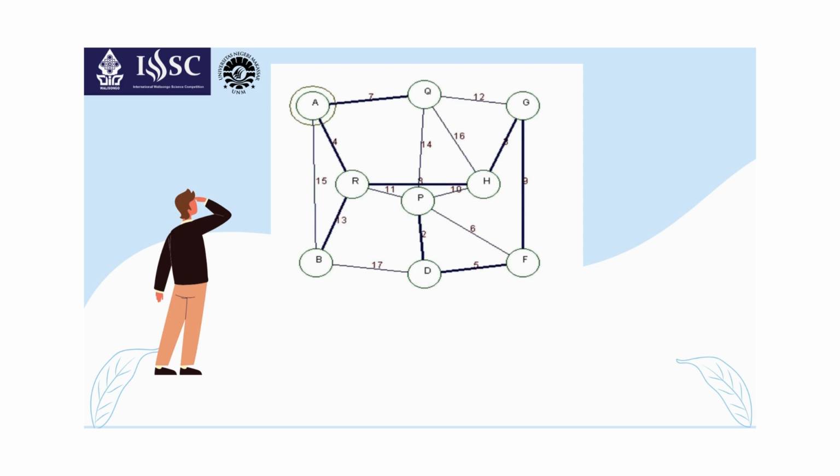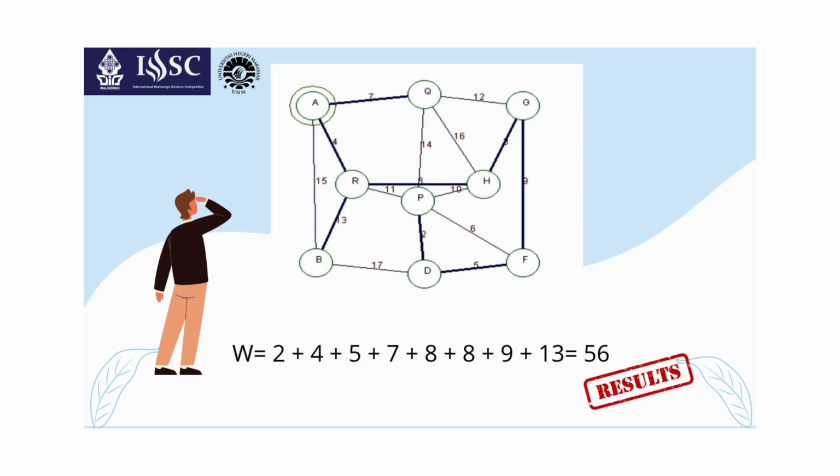And the last, select edge R to B with weight 13. So the spanning tree from the graph is the one with the minimum weight, and has the value 2 plus 4 plus 5 plus 7 plus 8 plus 8 plus 9 plus 13, which is 56.